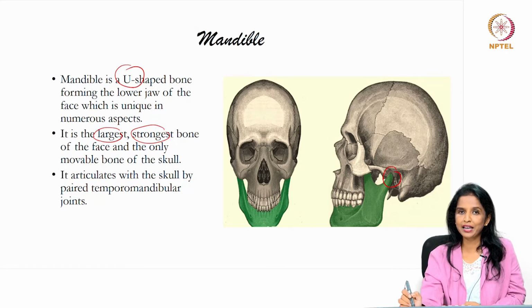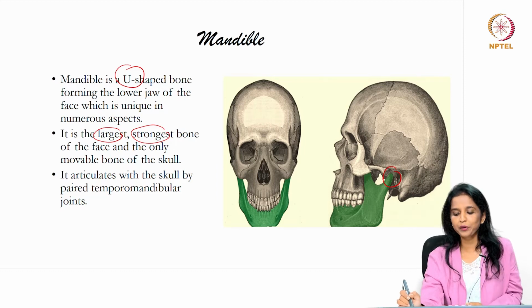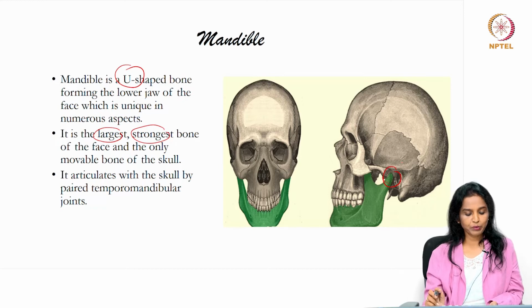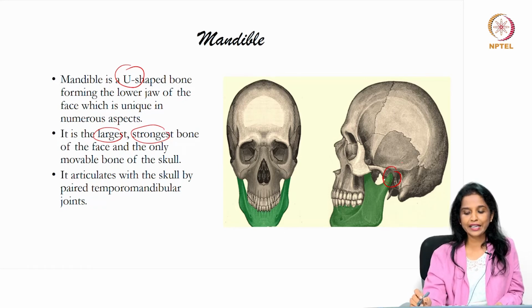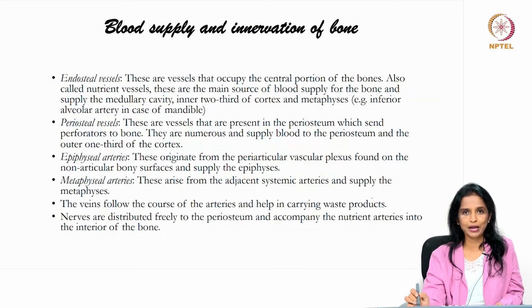Remember, please recollect what we saw in the occipital bone. We saw that there were 2 occipital condyles placed on either side of your foramen magnum, and then we have the condyles in your temporomandibular joint, articulating your temporal bone and your mandible.